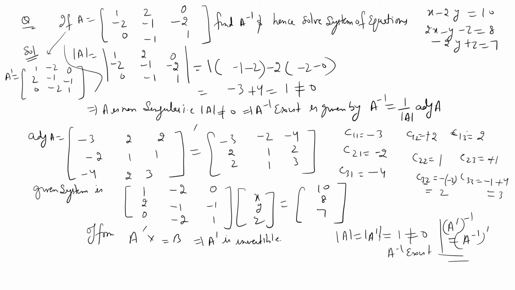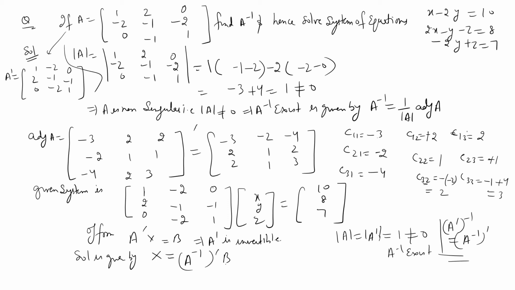So my solution is given by X is equal to A inverse, which I calculated right now, whole transpose into B. So I have to take the transpose of this inverse, which I'll compute from this matrix. After the adjoint, I'll compute the inverse and that inverse will be utilized here, right?